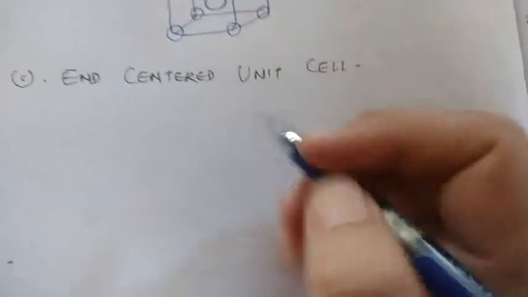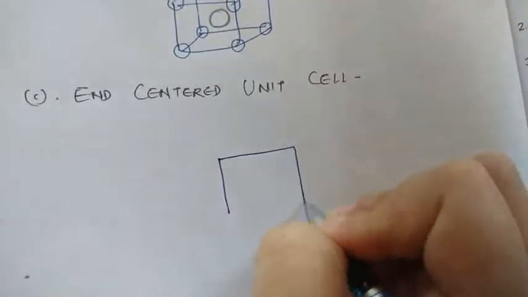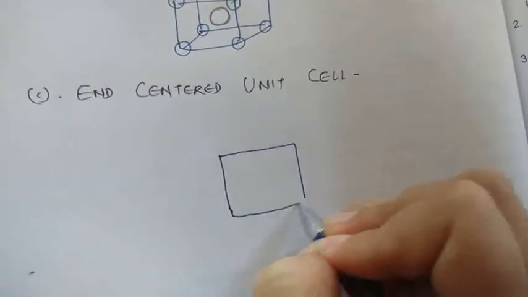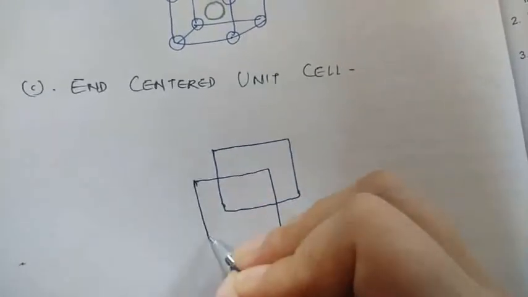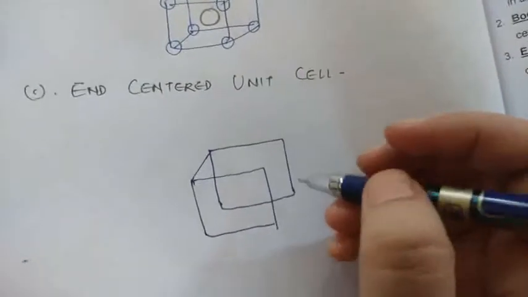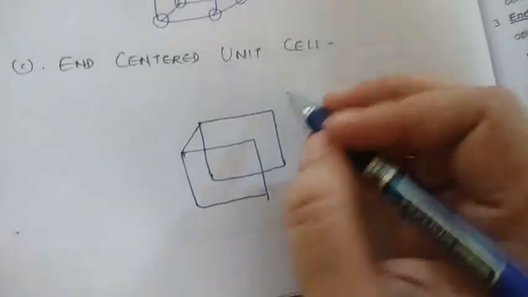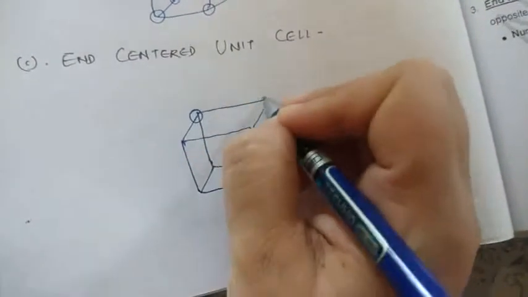Now comes the last one. So again, end centered, we will have to draw a unit cell. It is drawn. Then in the end centered unit cell also, the corners will have atoms.